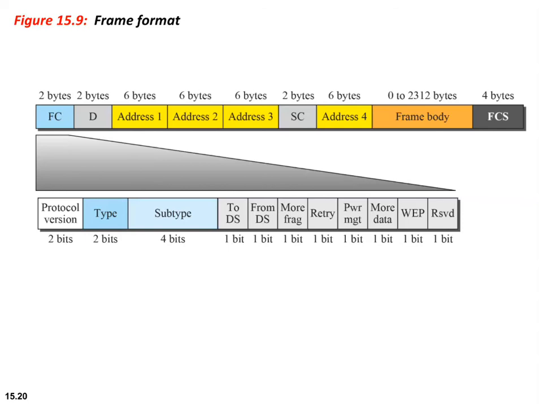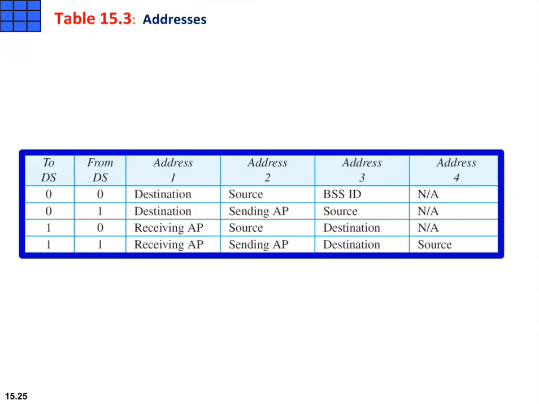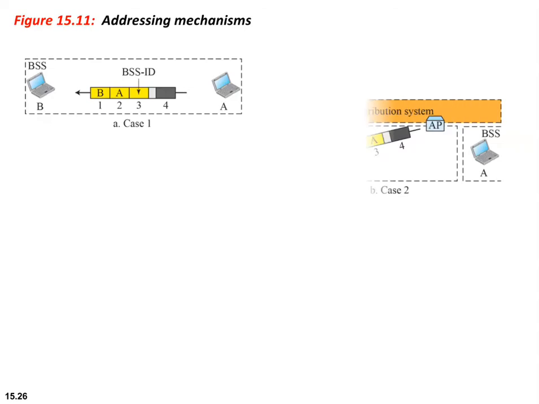When it is 01, it is from a distributed system. The data comes from a distributed system, as a result of which address 1 is the destination, address 2 is the sending access point, and address 3 is the source address of that sending station, which is nothing but address A of the other basic service set.